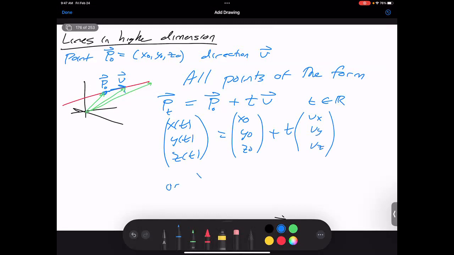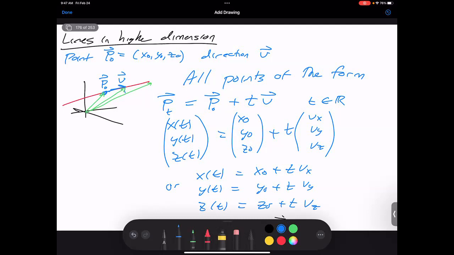Or x of t equals x naught plus t vx, y of t is y naught plus t vy, z of t is z naught plus t vz. So I start at a fixed spot, and this tells me how much I move. A line is a one-dimensional object.